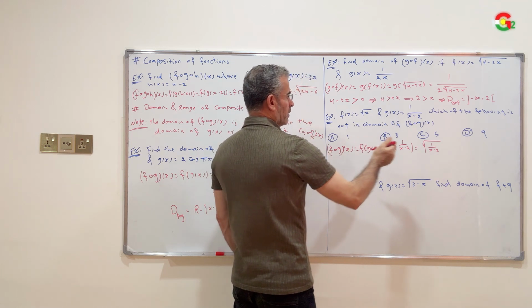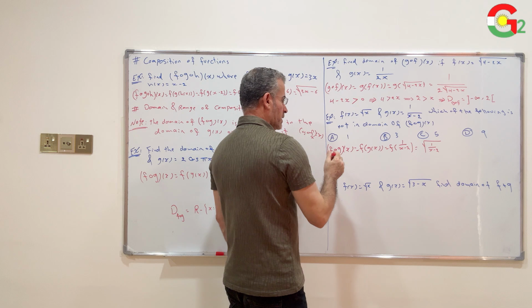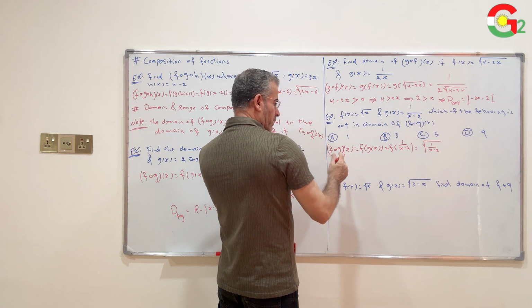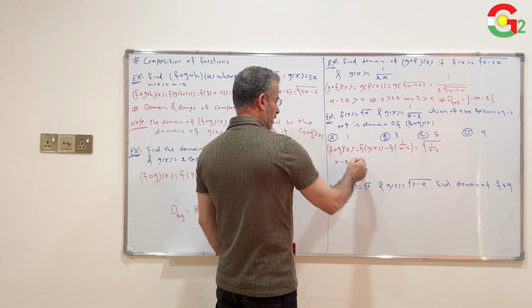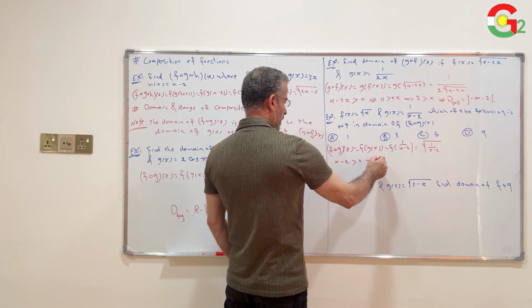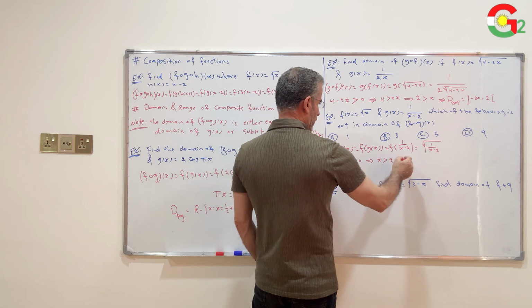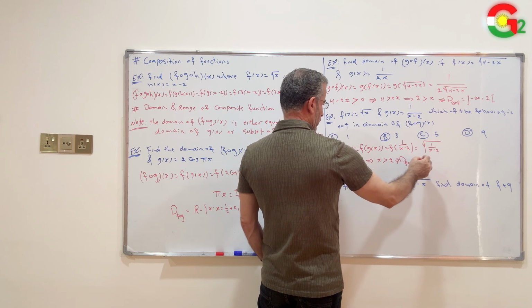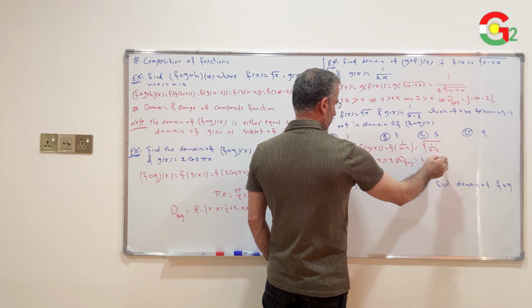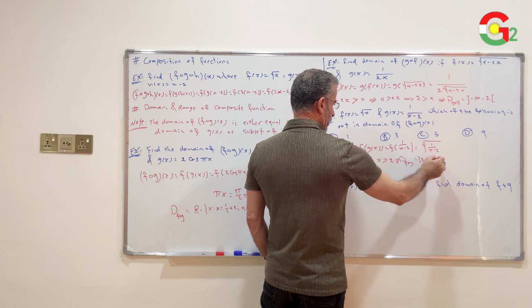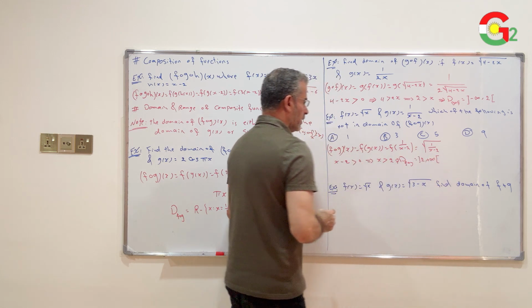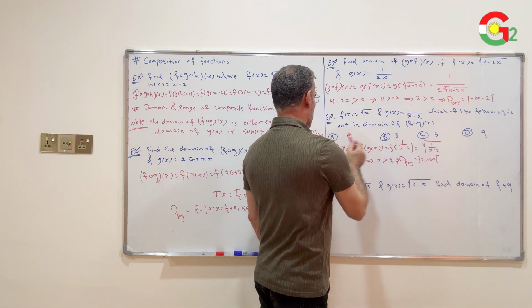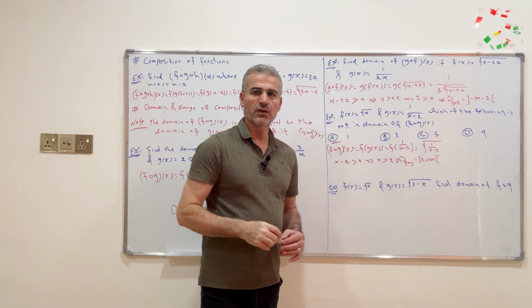The domain of this function: since the square root is in the denominator, x minus 2 should be greater than 0, then x greater than 2. Then the domain of f circle g equals 2 to positive infinity, open interval. Then 3 is in the domain, 5 is in the domain, 9 is in the domain, 1 is not in the domain.